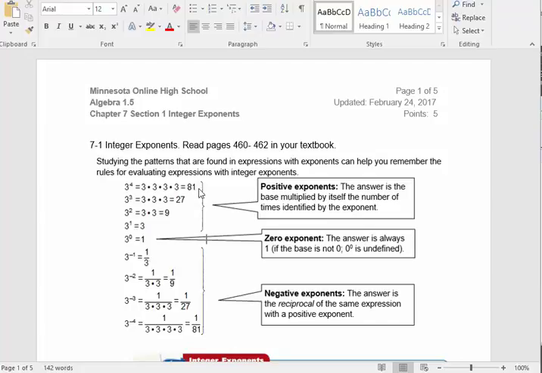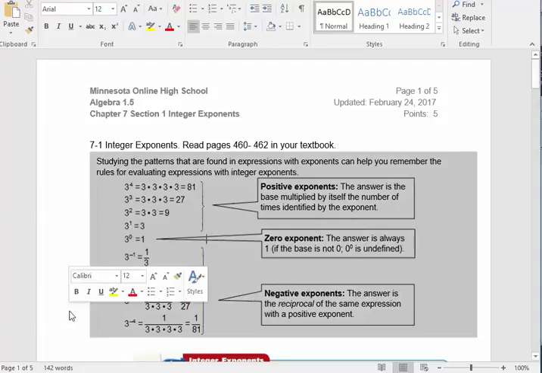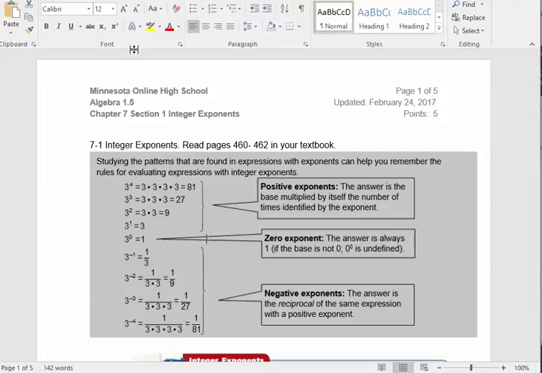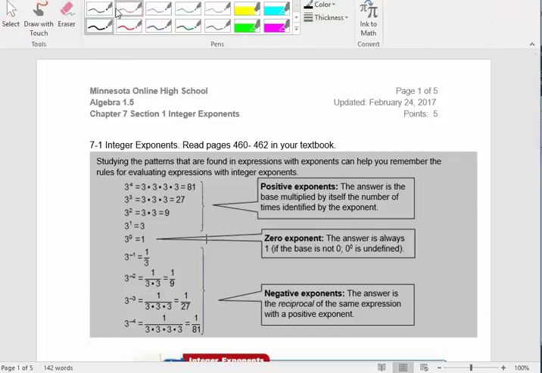So the next one, 3 to the negative 2, would be, let me get my pen tool, would be 1 over 3 squared. Not sure why it's shading everything for me here. But 1 over 3 squared, that's the same as 1 over 3 times 3, which equals 1 over 9.